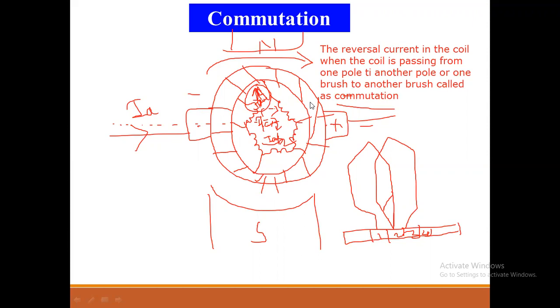Okay, see, I will draw the diagram for that. Did you draw the diagram? Only for understanding of the commutator I have drawn this diagram. I will clear that diagram now.